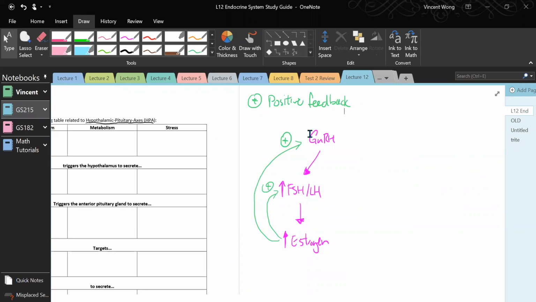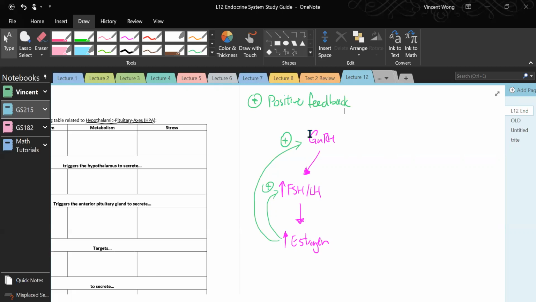That contraction will cause the brain to release the hormone oxytocin. Then oxytocin will go back to the uterus and tell it to contract more. More contraction will result in the release of even more oxytocin, and more oxytocin will then go back and create even more contraction.